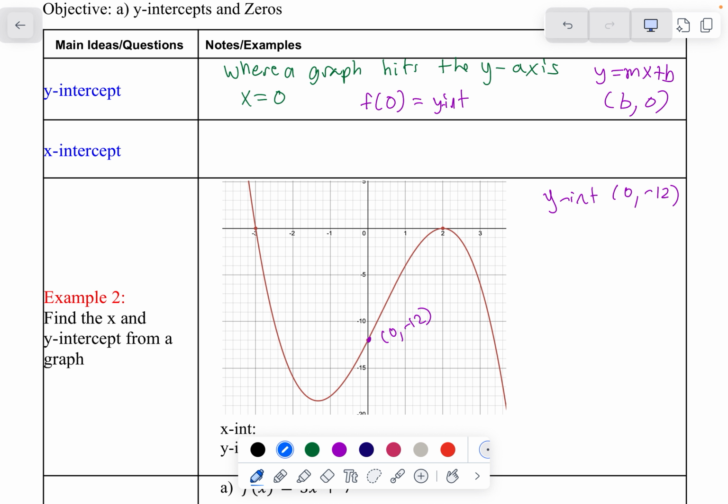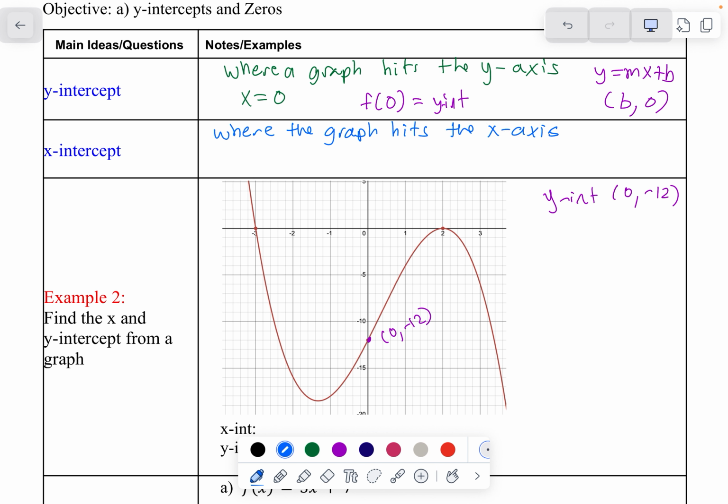Now an x-intercept is more complicated for a function, or for anything really. Instead, it is where y equals 0. It's where the graph hits the x-axis.